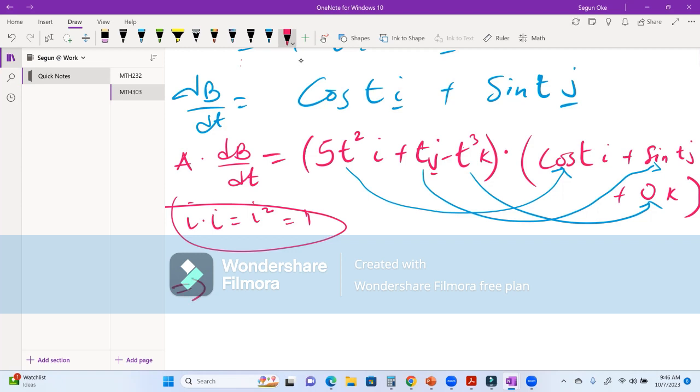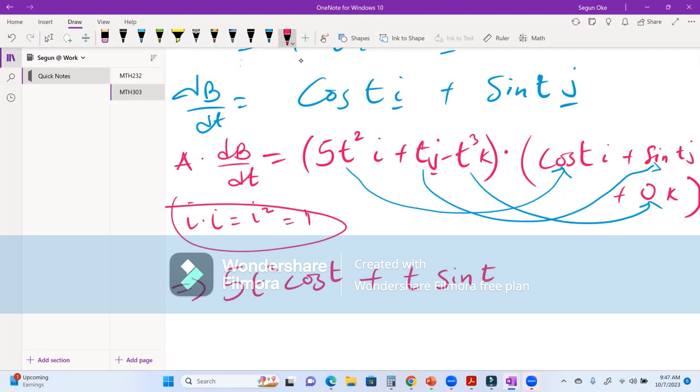So it's going to be this multiplied by this: we have 5t squared cos t, plus j multiplied by j, t sin t, then the k term gives 0, minus tk.